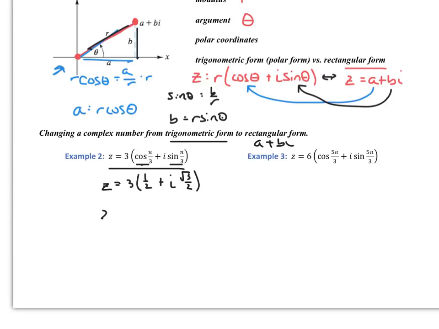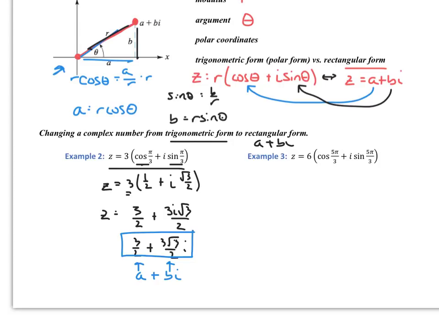And now all I'm going to do is distribute that 3 from in the front of the parentheses, and that gives me 3 halves plus 3i root 3 over 2. You can also write 3 root 3 over 2 with the i at the back. Doesn't really matter. Notice this is very similar to a plus bi. So here's your a value, here's your b value.